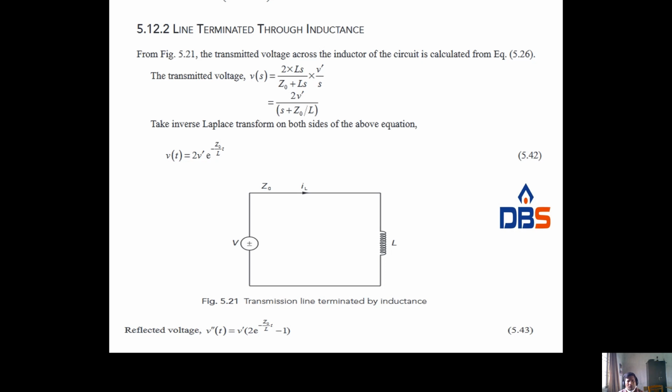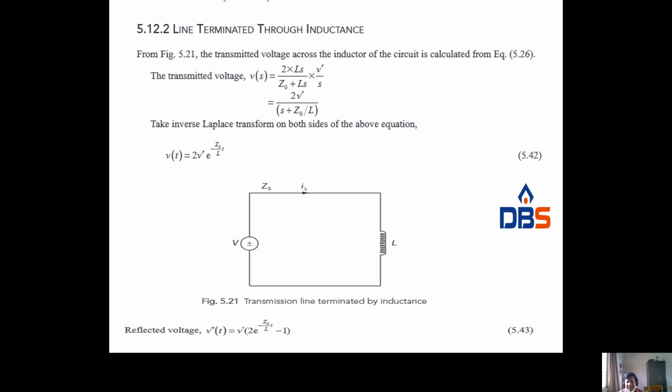Another one, line terminated through the inductance. So let us consider a transmitted wave across the inductor of the circuit as shown in the figure, and it is traveling with impedance Z0.